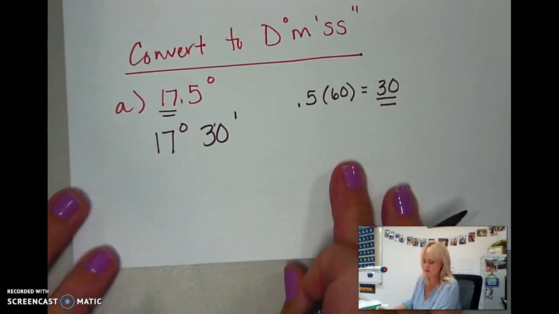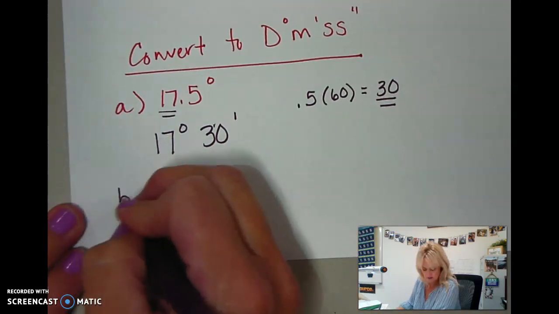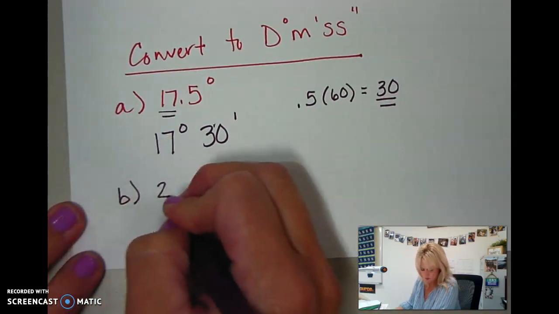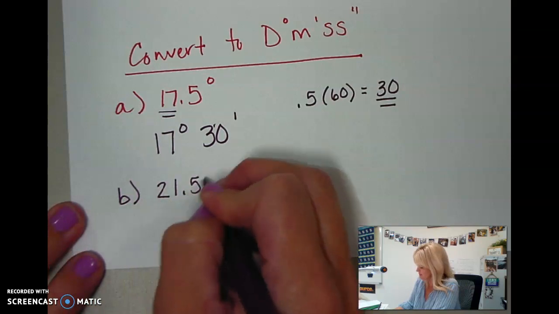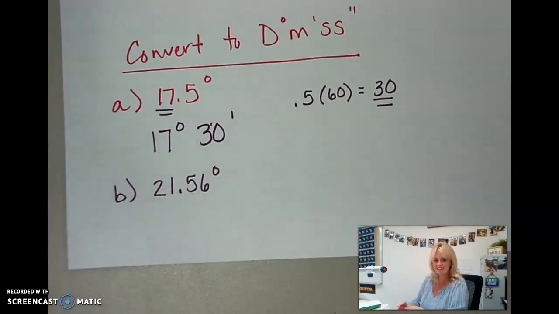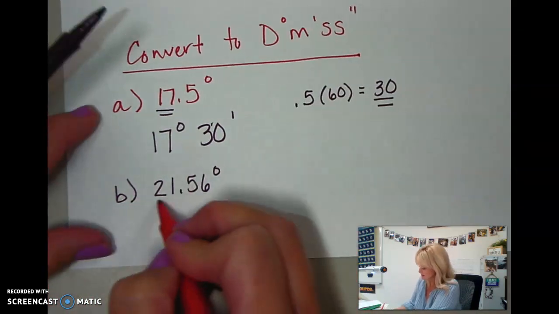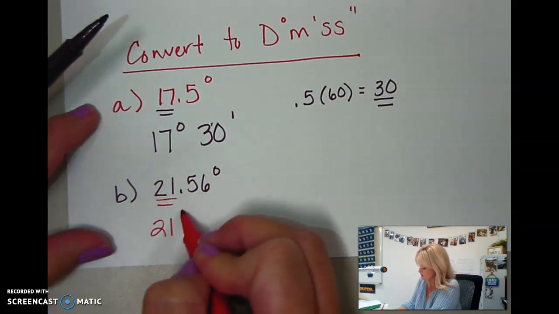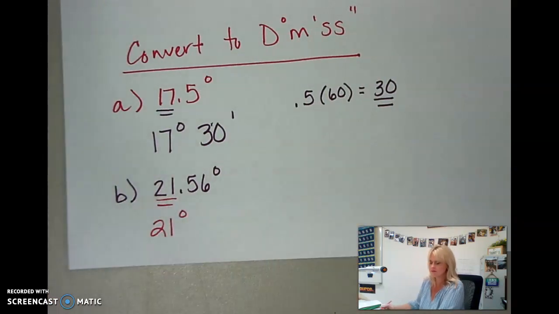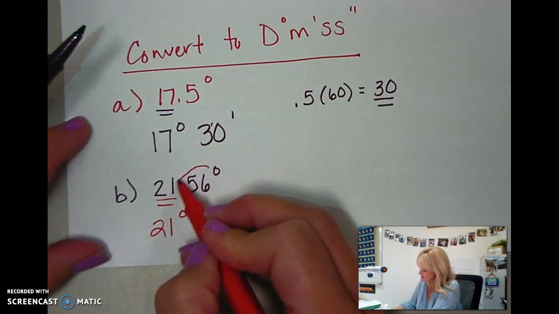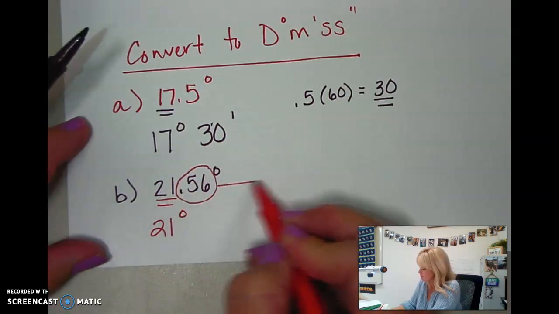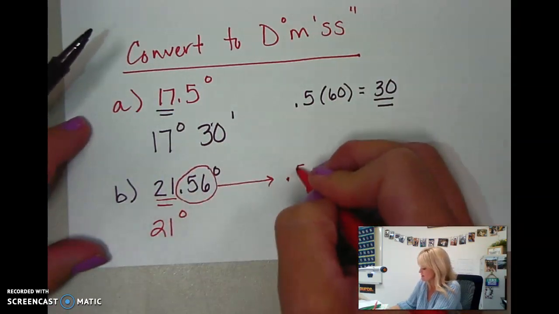Okay, let's try one a little bit more difficult. We're going to convert 21.56 degrees. Again, the easy part is the degrees. 21 degrees. Okay? Now we're going to take our decimal and we're going to multiply it by 60.